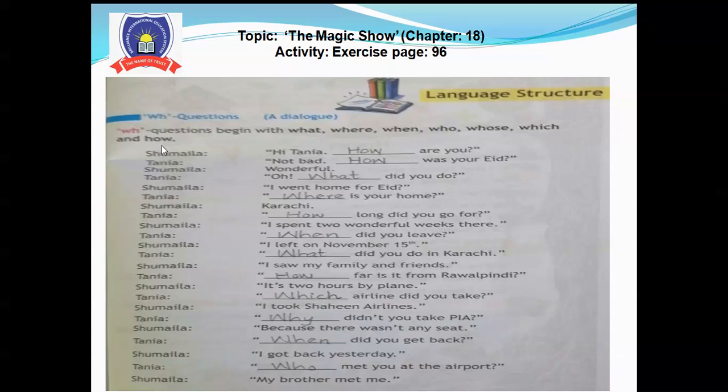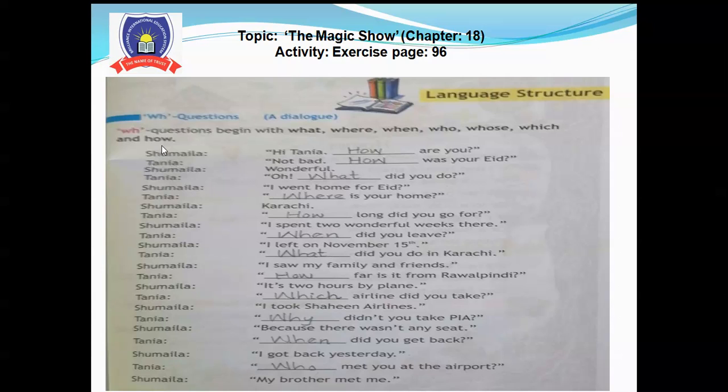Shumaila: I saw my family and friends. Tanya: How far is it from Rawalpindi? HOW, how far is it from Rawalpindi? Shumaila: It's 2 hours by plane. Tanya: Which airline did you take?